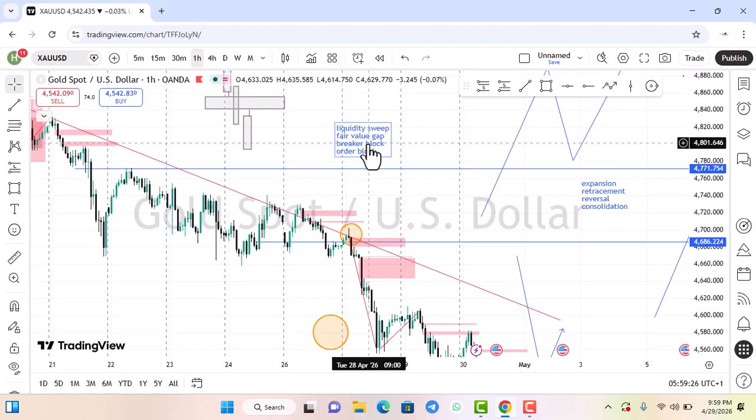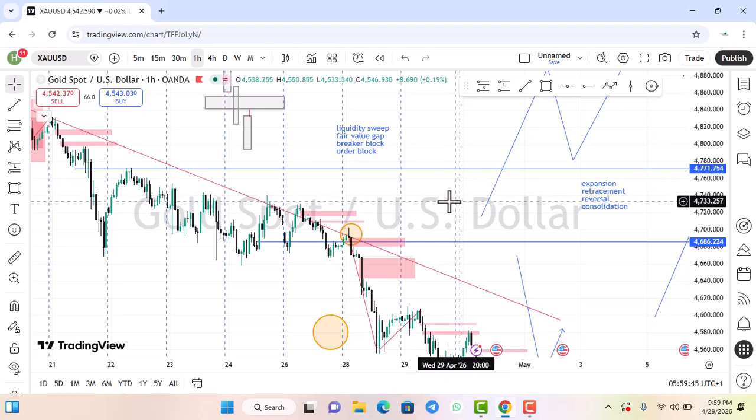So if you don't understand price behavior, you can't know why price reacts, why price changes direction, why price respects one order flow and rejects another order flow. I guess that's my point right here.